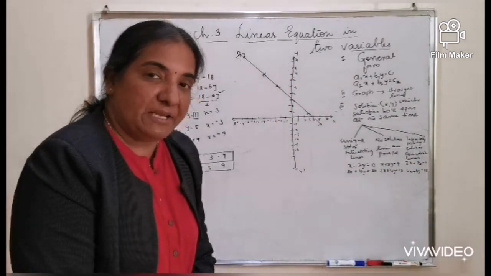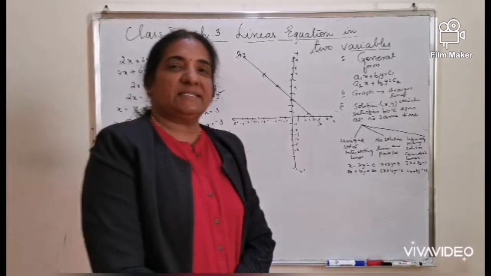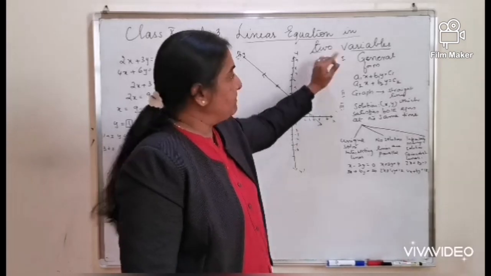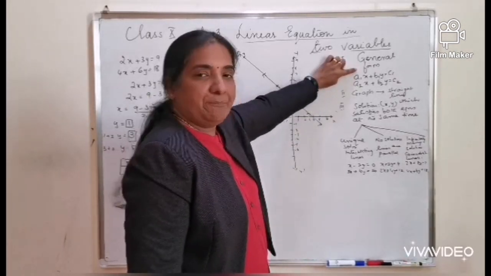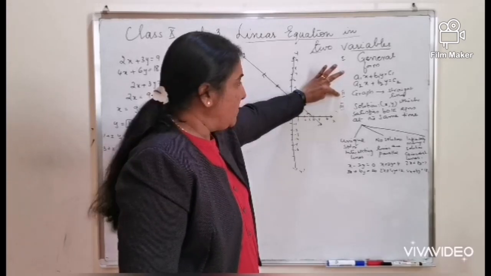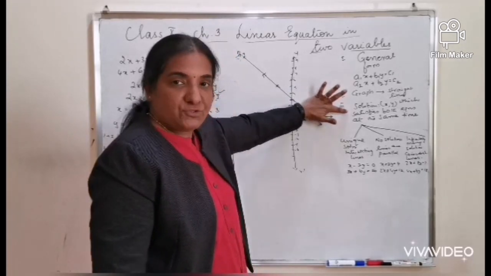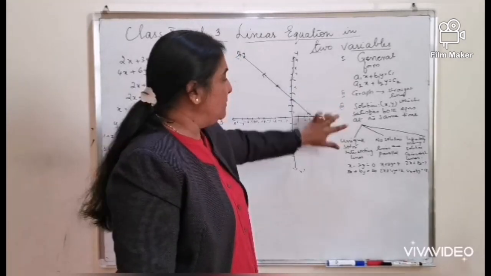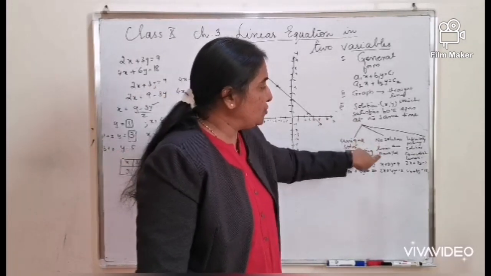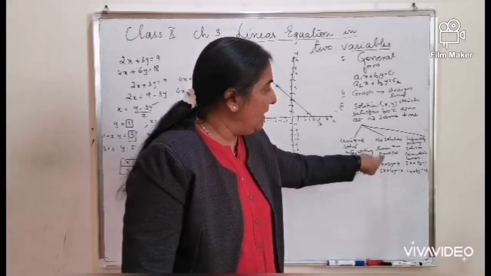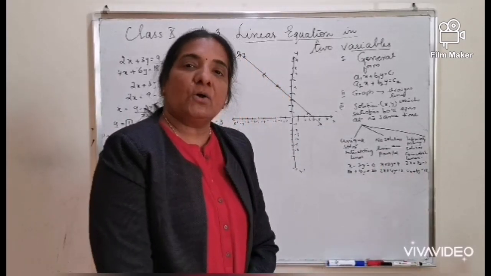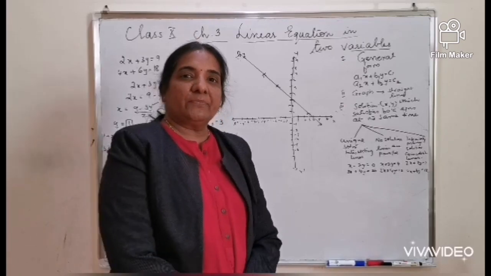We can have a brief of the points discussed till now from the details given here. The general form of a pair of linear equations, the graph of a pair of linear equations, and what is the meaning of solution. What type of solutions: unique solution when the lines are intersecting, no solution when the lines are parallel, and infinitely many solutions when the lines are coincident.